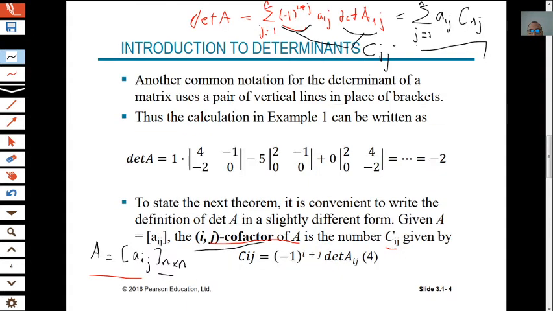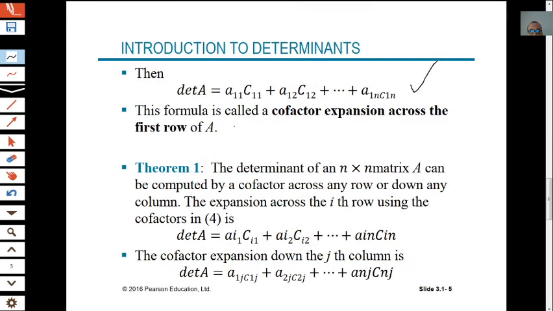As you can see, the explicit form can be written as a11 C11 plus a12 C12 and so on up to a1n C1n, using the cofactor. This formula is called a cofactor expansion across the first row of the matrix A. We use the entries of the first row, a11, a12, a1n. Okay, this should be bigger C1n.